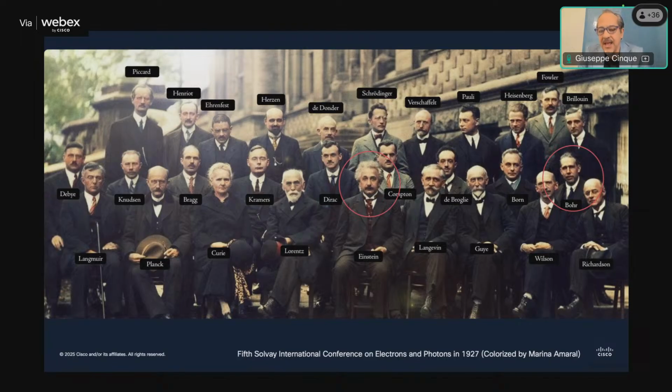And they really put together what we understand about how the physics of microscopic systems works. But two of them, Einstein and Bohr, have been reported to be fighting all the time, because Einstein couldn't accept some aspects of this theory that we will see.